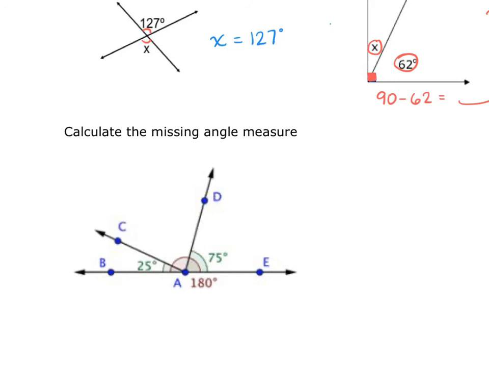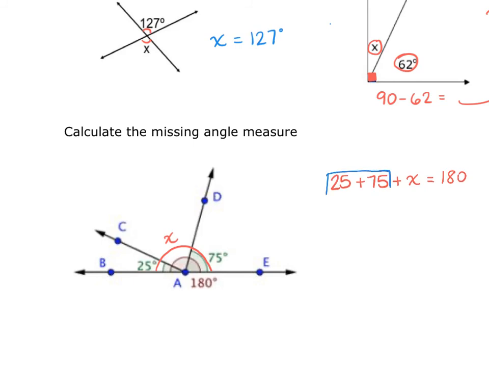Well, if we look at this, if I took all three of these angles, and we'll just call this angle x because we don't know it, if I took all three angles and added them together, they should equal 180 degrees. So that means if I took 25 plus 75 and I added x, those should all equal 180.